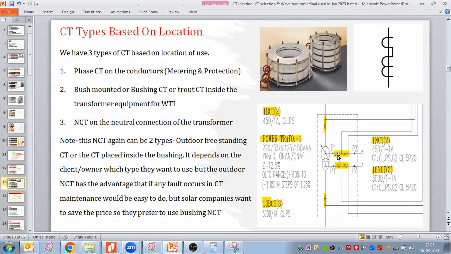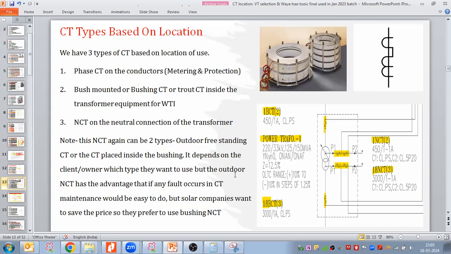The CT is inside the bushing, so the bushing CT symbol is used here. And whether it will be an outdoor or an indoor bushing CT depends on the client or owner's choice, which type they want to use.